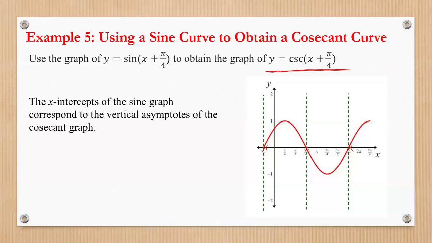Now, if I want to graph the cosecant function based on these, that's the highest point in the sine. Starting at this point, we graph a curve going up, and make sure that you get close to the asymptotes but not touch or cross them. And we have another minimum point.